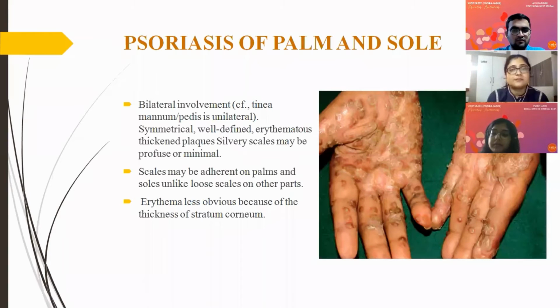Scales may be adherent on the palms and soles, unlike loose scales on other parts. Erythema is less obvious because of the thickness of the stratum corneum. As the stratum corneum is thick here, erythema is not that prominent.